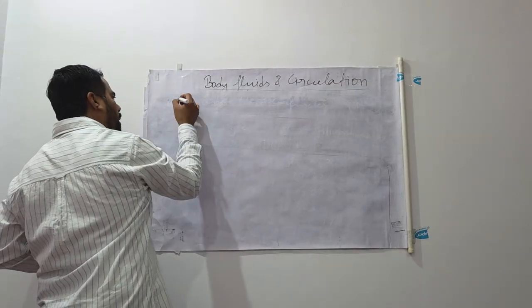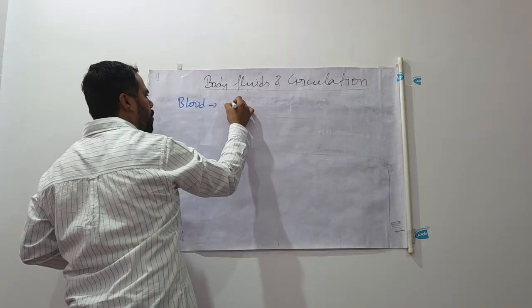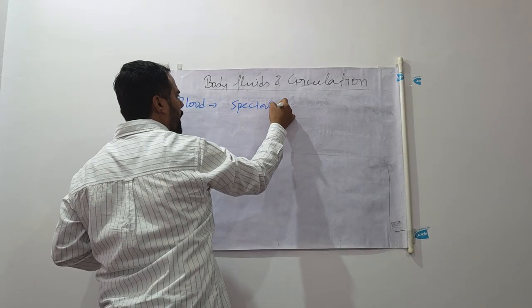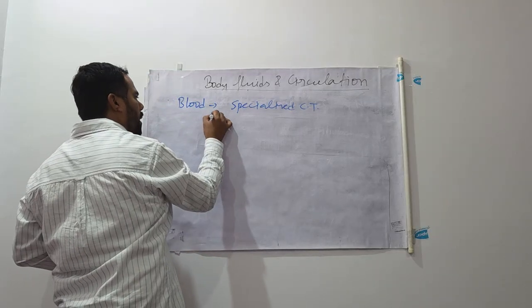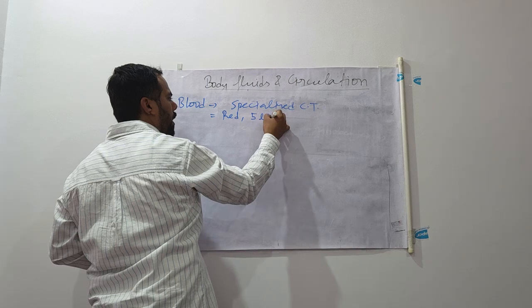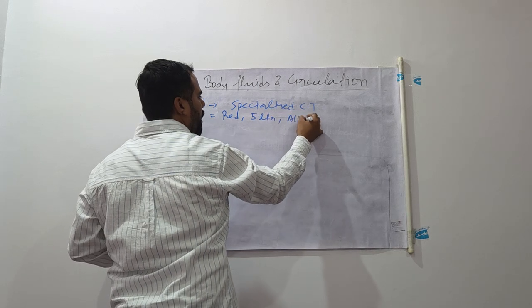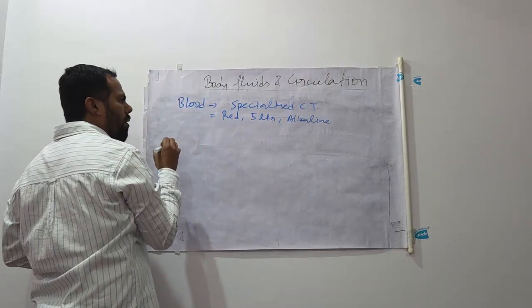In conclusion, what we will read about blood: Blood क्या होता है? Blood is a specialized connective tissue. The color of blood is red. How much amount of blood is present? 5 liters. pH कैसा होता है? pH होता है alkaline.